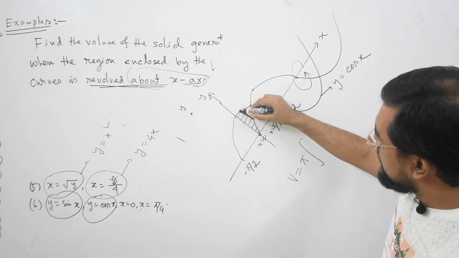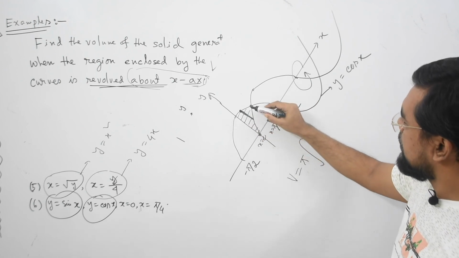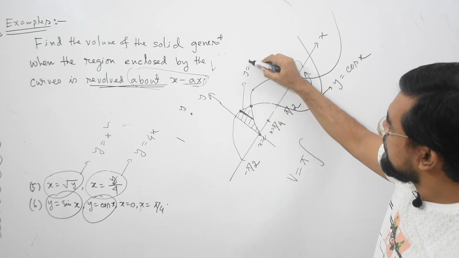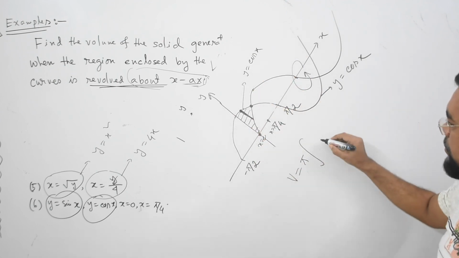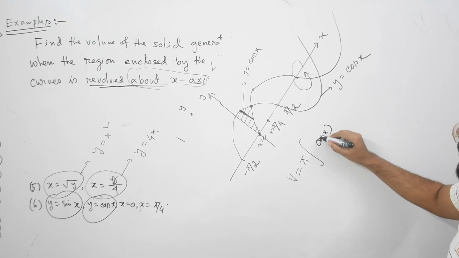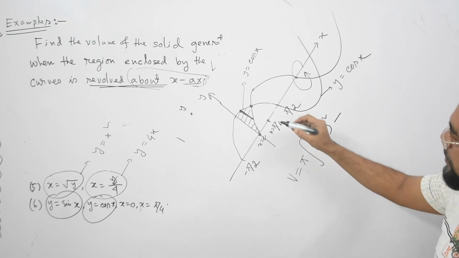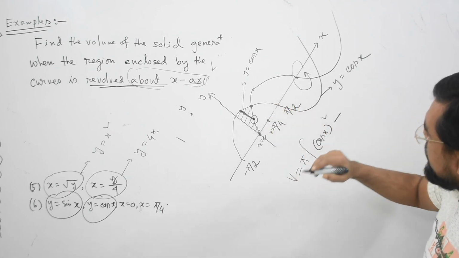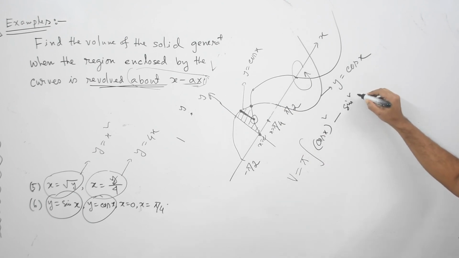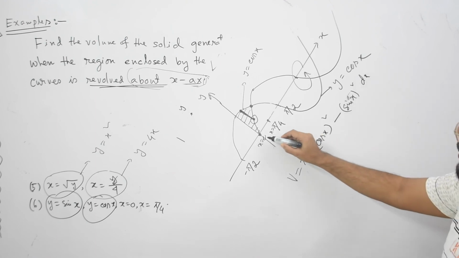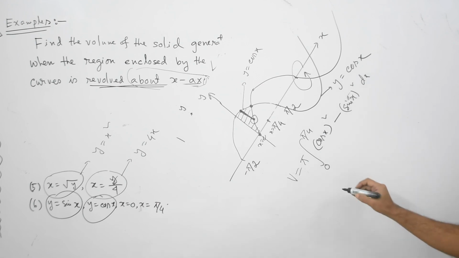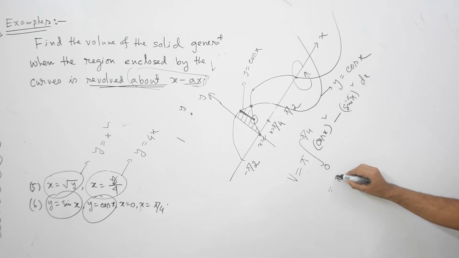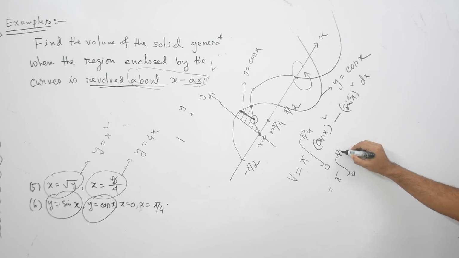At this point y equal cos x, so y equal cosine of x whole square minus, at this point y equal sine of x, so sine of x whole square dx, and the lower limit of x 0, upper limit pi by 4, and this equals pi integral 0 to pi by 4.